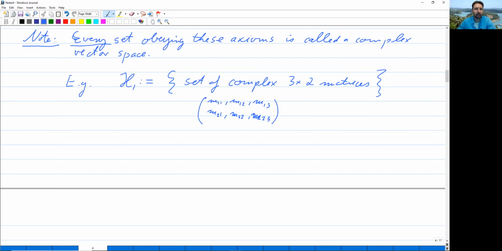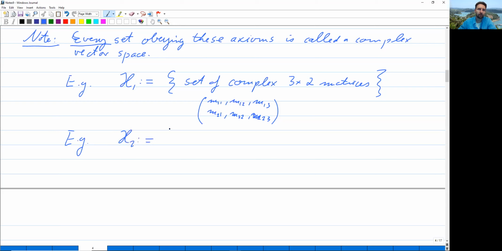You can add them. I mean, there's a natural addition for the set of these complex 3x2 matrices, and that's addition component-wise. And there's a natural multiplication with complex numbers, which is also component-wise, right? You just multiply the matrix by multiplying every matrix element with the complex number. So you can easily check that it obeys the axioms. But then here is a different one.